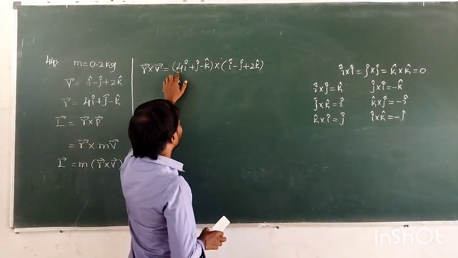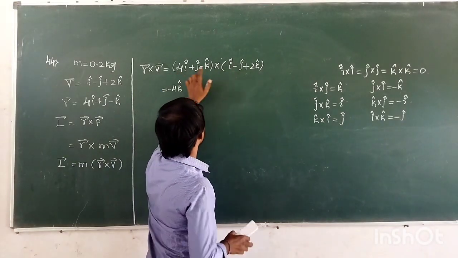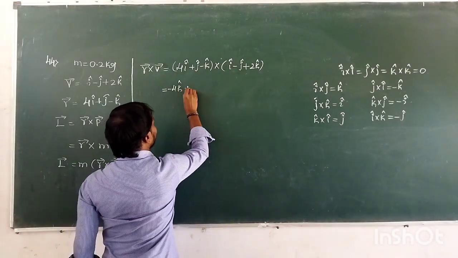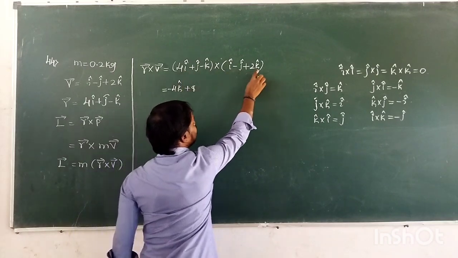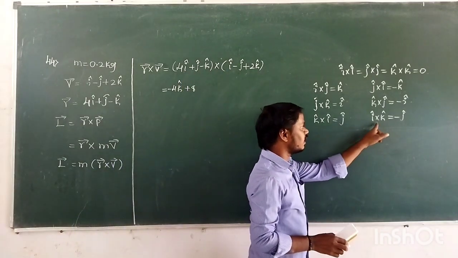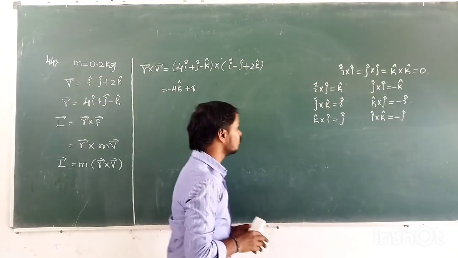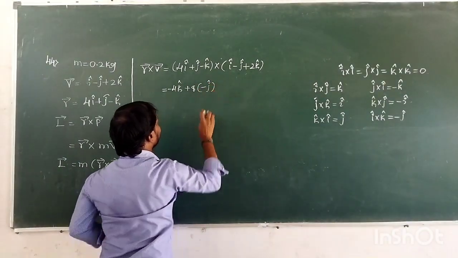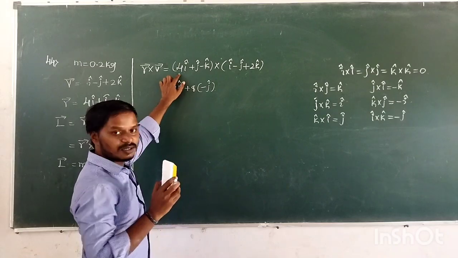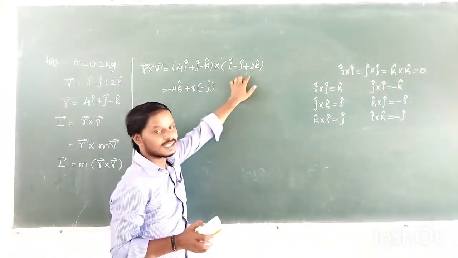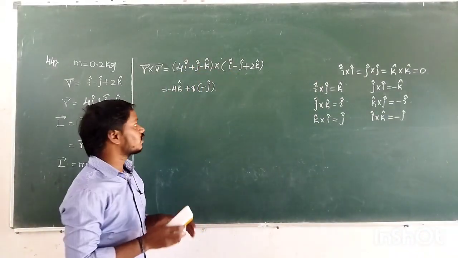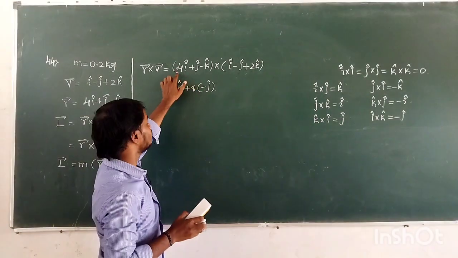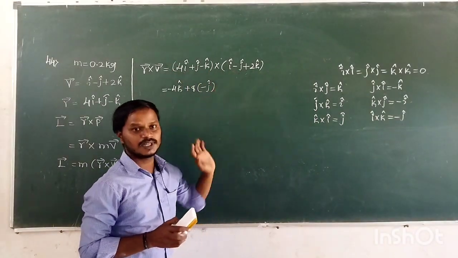Next, 4 into 2, that is 8, plus 8. i cross k. What about i cross k? i cross k is minus j. That is minus 8j. Hence it is the cross product of the first term of the first bracket with the second bracket.